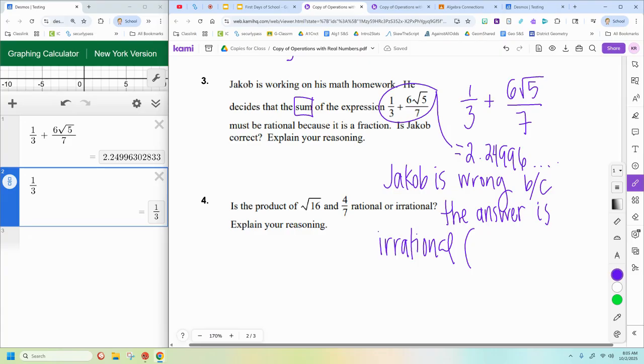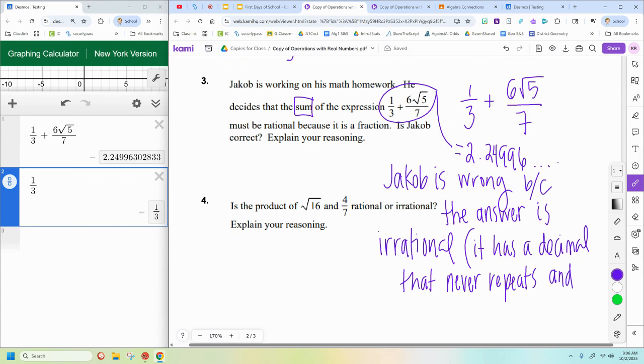How do you know? It is a decimal that never repeats and never ends. So the key to getting that reason correct is remembering both things. It never repeats and it never ends.